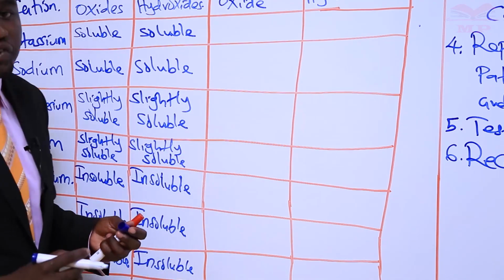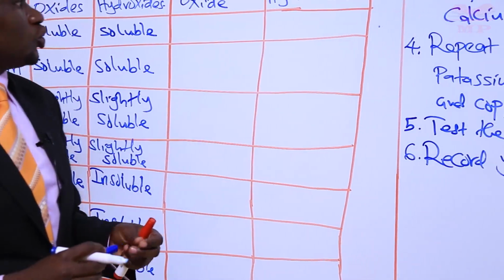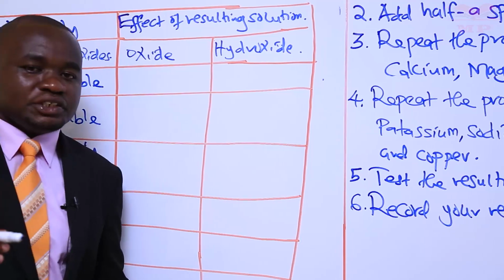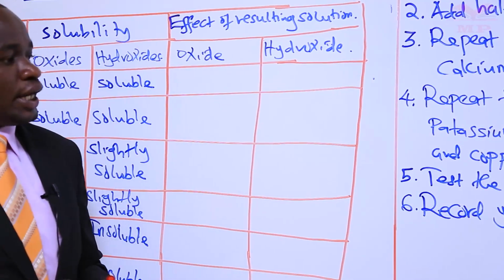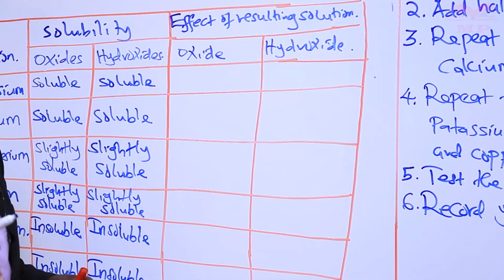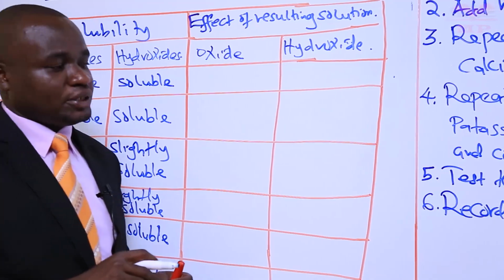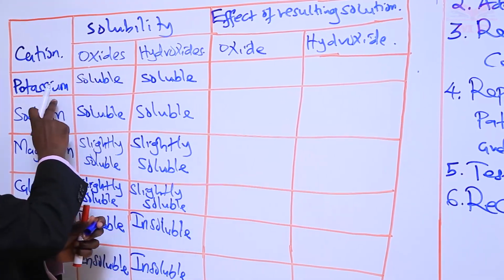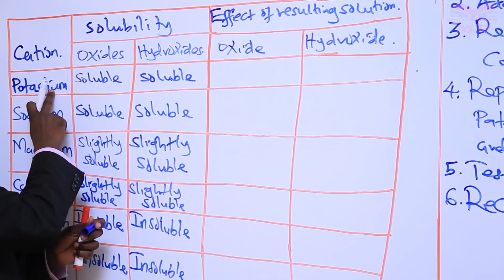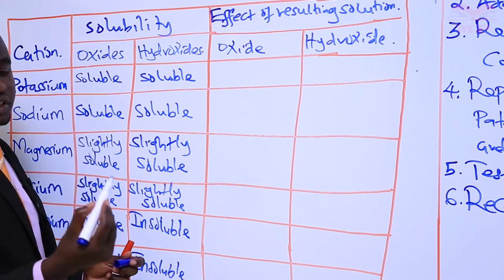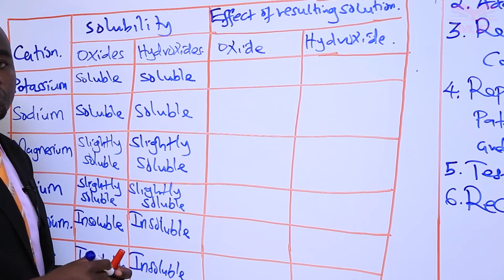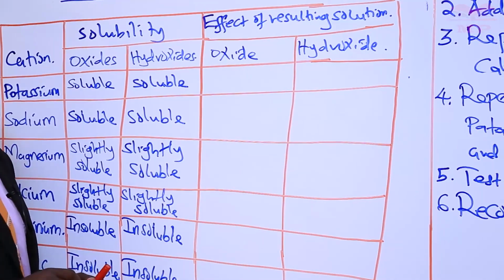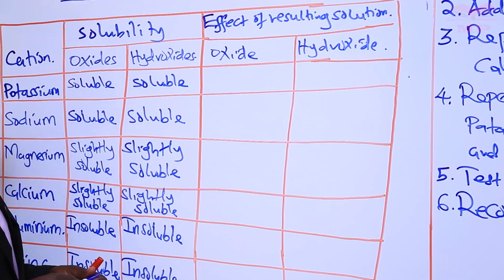So we now look at the effect of the resulting solution on litmus. Remember, we said you're using litmus, and litmus is either blue or red. So we are going to drop the two litmus papers in the resulting solution. For example, we have said potassium oxide is soluble in water. So you take the resulting solution and drop both blue and red litmus paper into that boiling tube containing the solution.